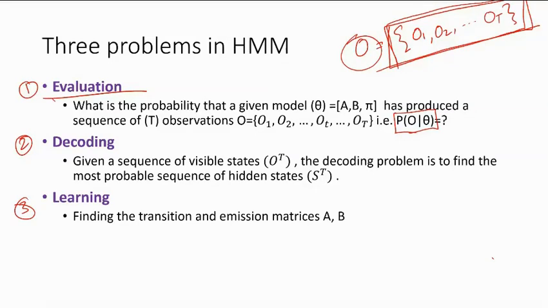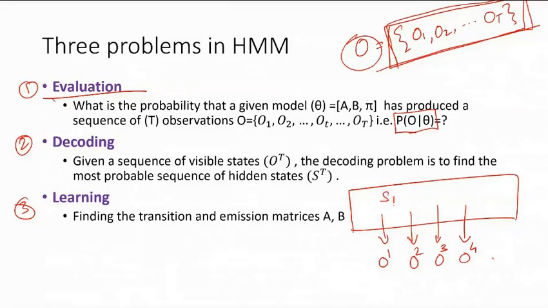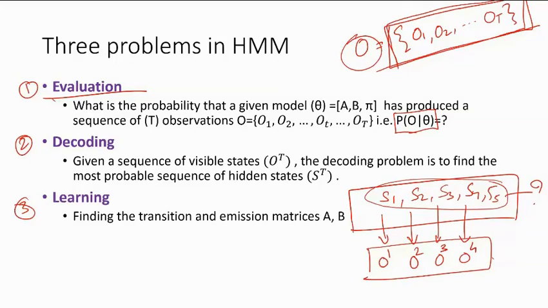Now see, there are 2 things, as I said. Say this is my observation. Say I have observed this sequence of events from outside the system. I don't know what is going on inside. Suppose there are 4 states or 5 states. The machine is at what state? This is not known to me, but I can observe these symbols from outside.